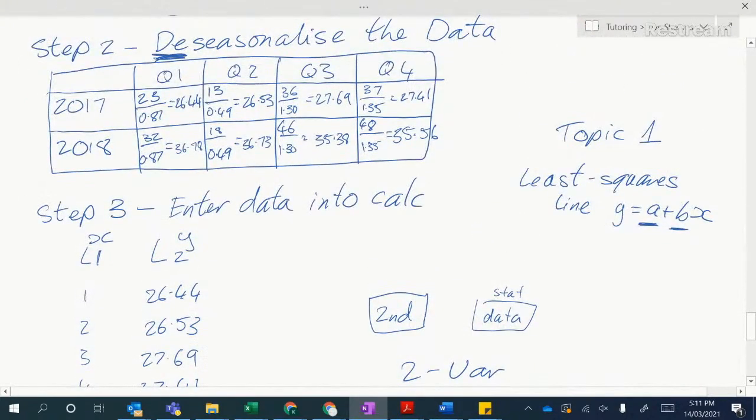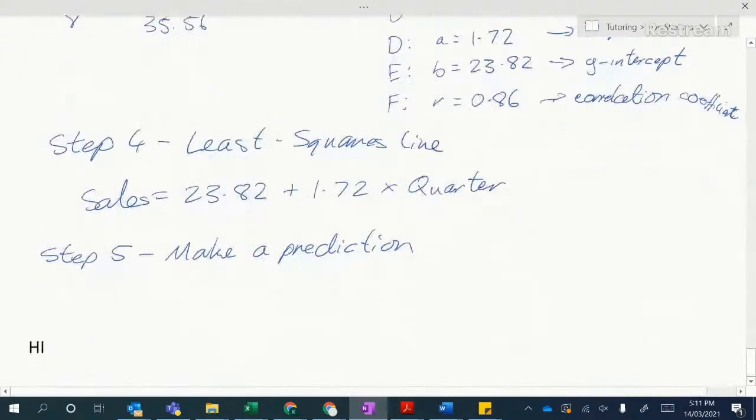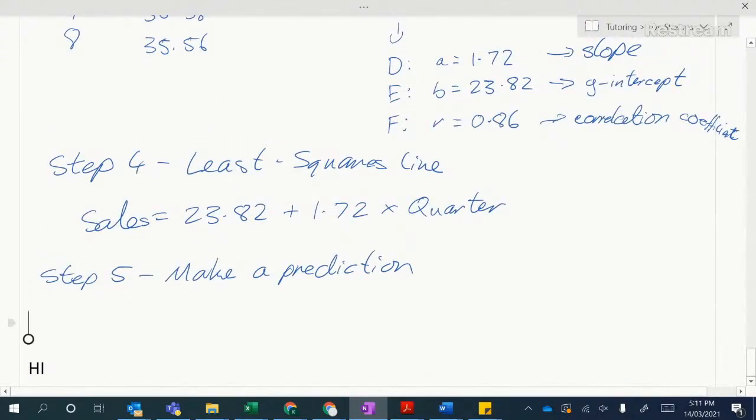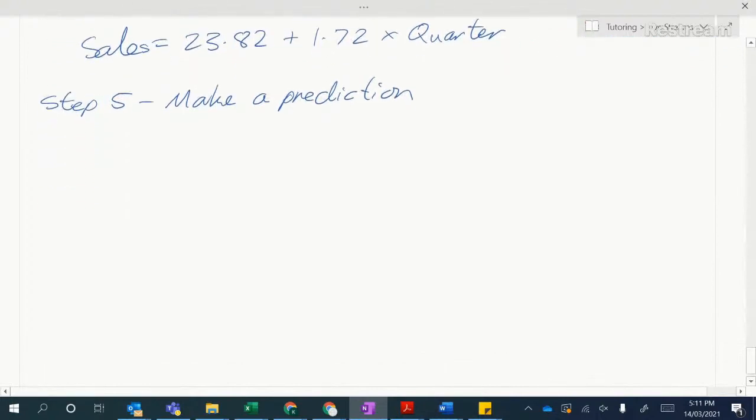So Q3 of 2019 would be 9, 10, 11. So that means we need to substitute in 11 into the quarter. It's quarter number 11.